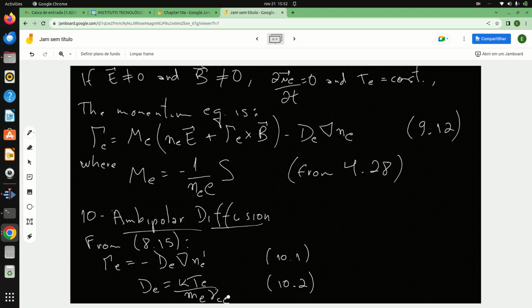This has the frequency of collisions of electrons with neutral particles, and this is the Boltzmann constant. I had previously written nu C, but now I'm using nu C E to make it explicit that the collisions are between electrons and neutral particles.